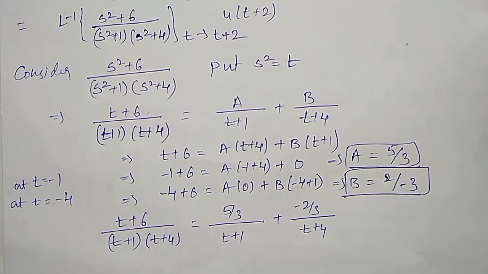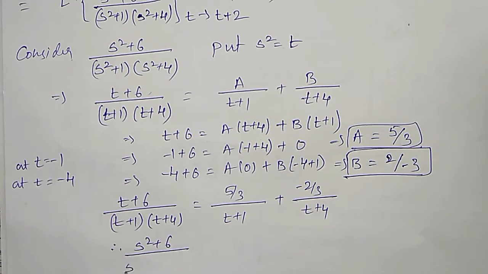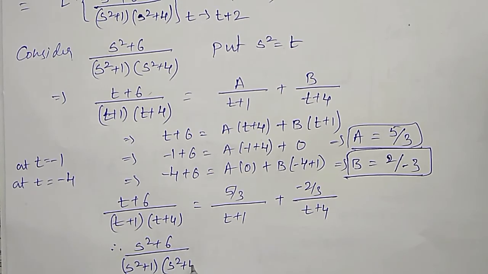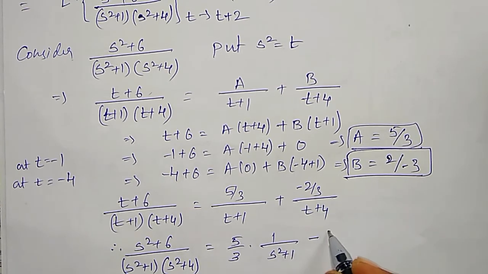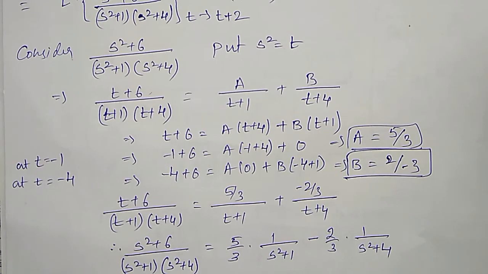Let me replace t again by s square. Therefore, s square plus 6 divided by s square plus 1 into s square plus 4 is equal to 5 by 3 into 1 divided by s square plus 1 minus 2 by 3 into 1 divided by s square plus 4. Its inverse Laplace transform can be calculated easily now.